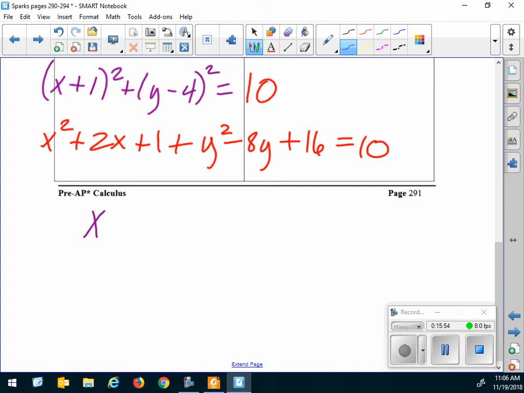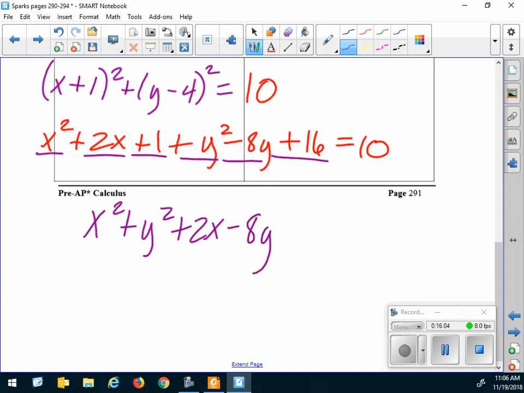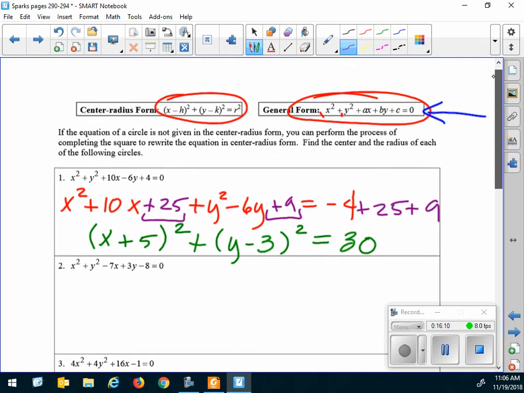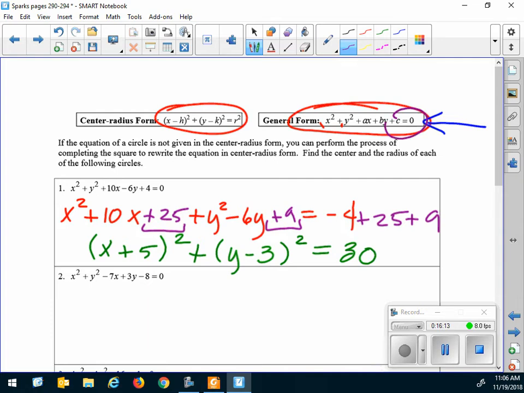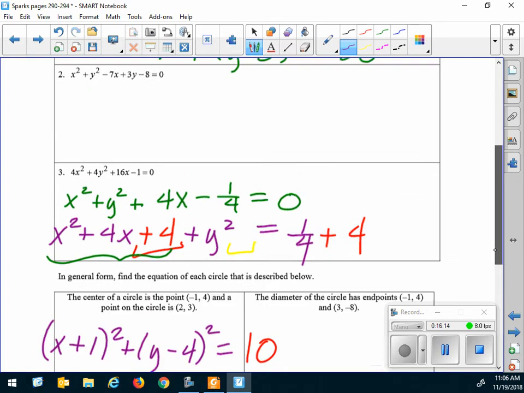Now let's get this thing in standard form. It's x squared plus y squared plus 2x minus 8y plus 17 equals 10. But standard form says you've got to make it equal to 0.